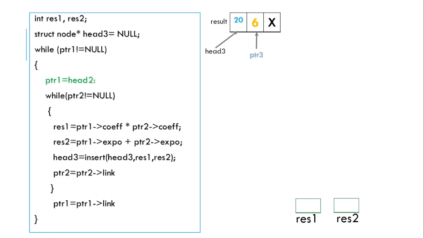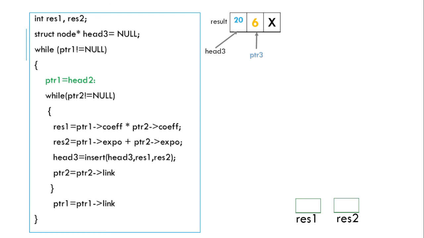So that same insert function is used here to insert a new node in the descending order of their exponents. So this is the function: head 3 is equal to insert. The arguments are head 3, res1 and res2, where head 3 carries the information about the resultant linked list. Head 3 is the pointer which points to the first node of the resultant linked list.